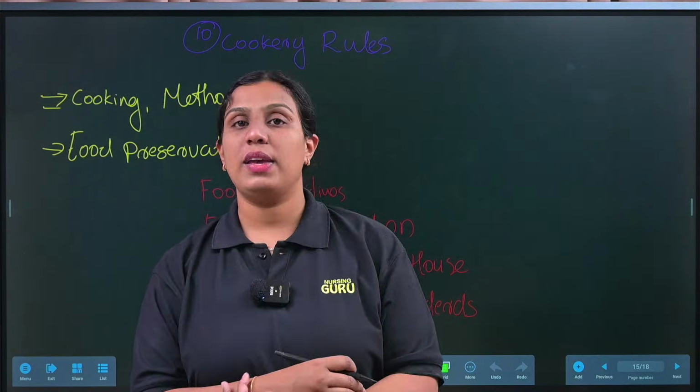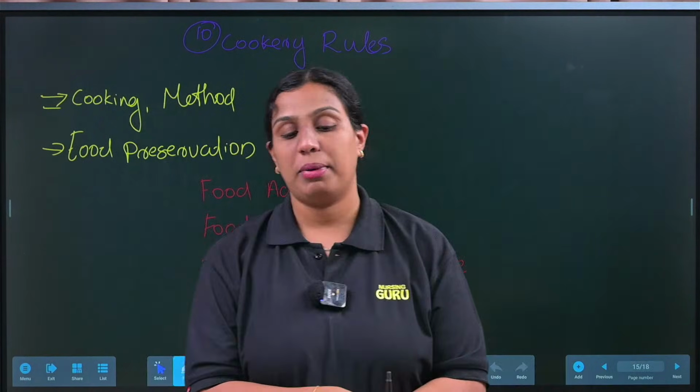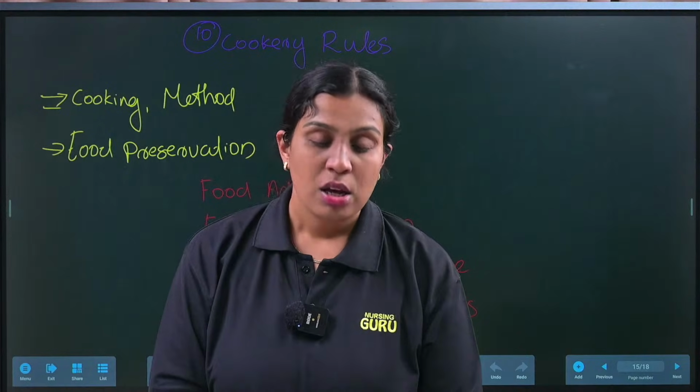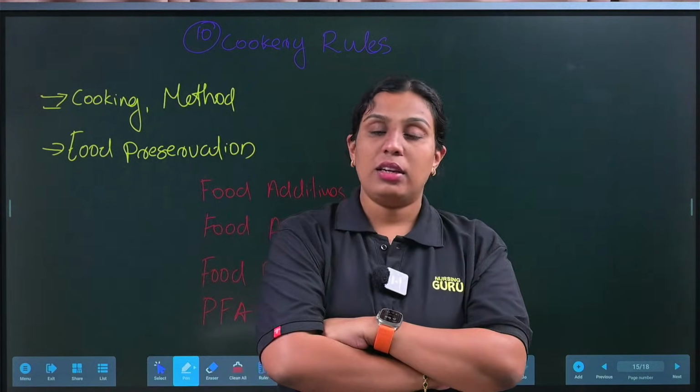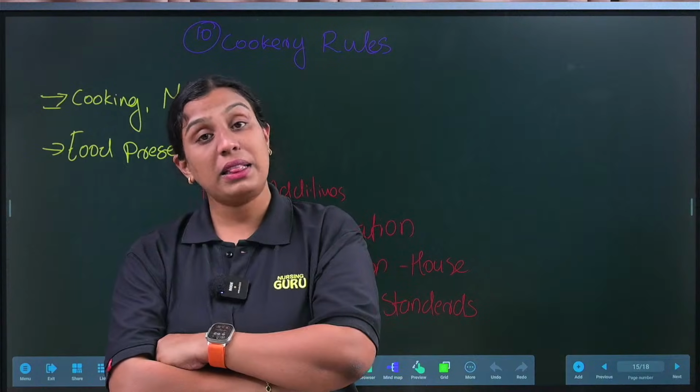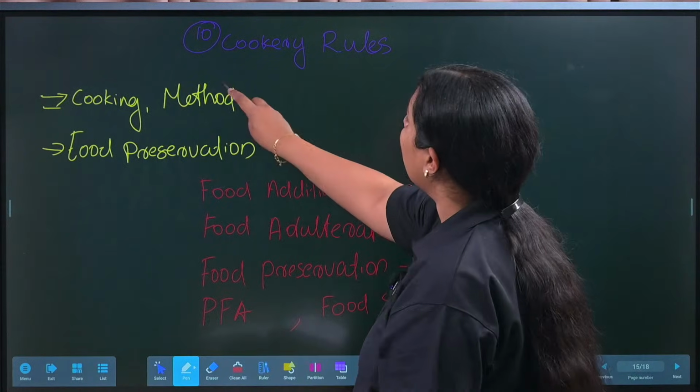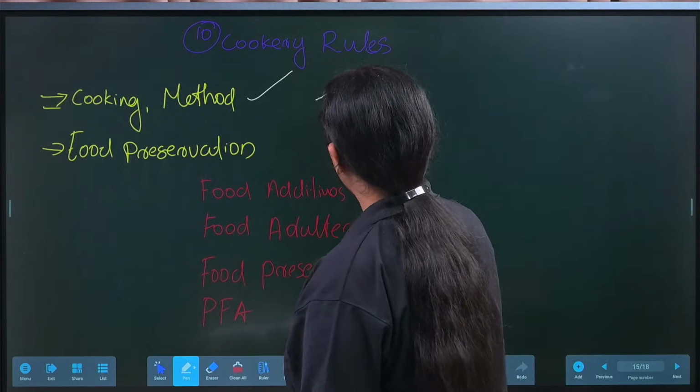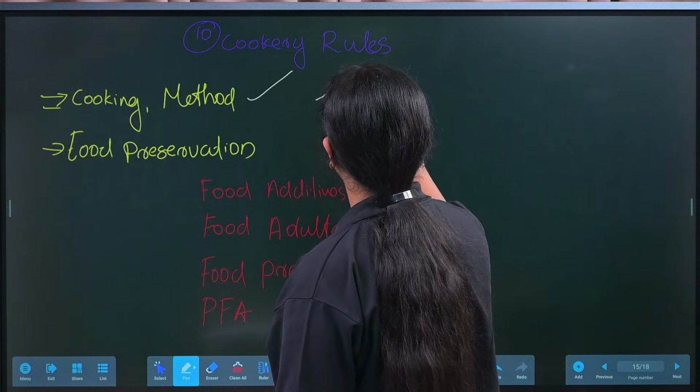These are included in unit number 10 as per our syllabus. So the question we can expect is: define cooking and the methods of cooking. That is an essay question.